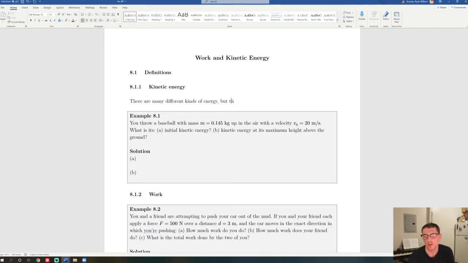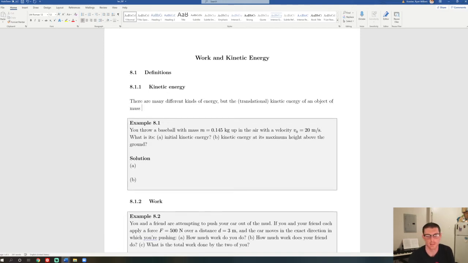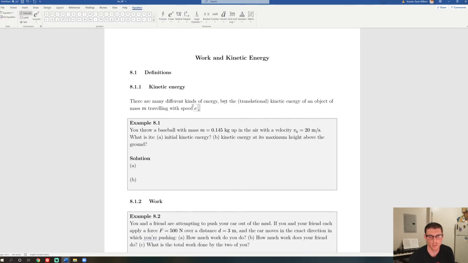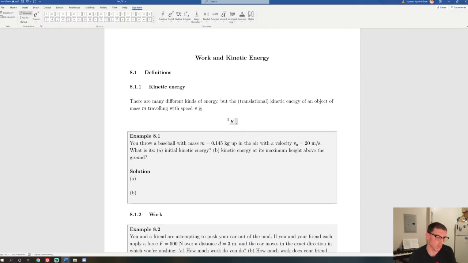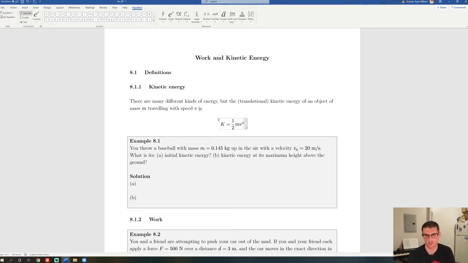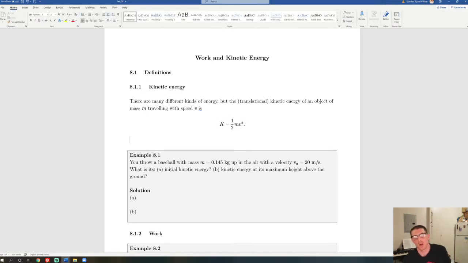So let me say, the translational kinetic energy of an object of mass m traveling with speed v is given by, and we'll use a big K for this, and it's just going to be 1/2 m v squared. Okay.